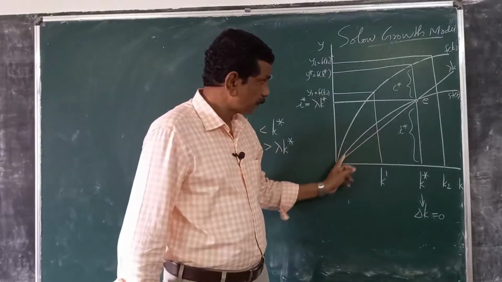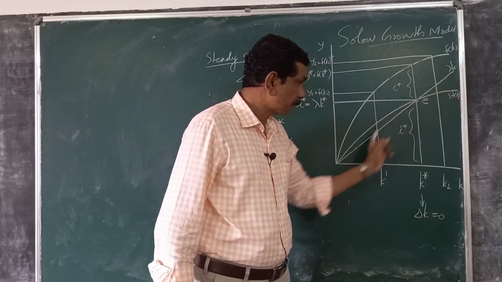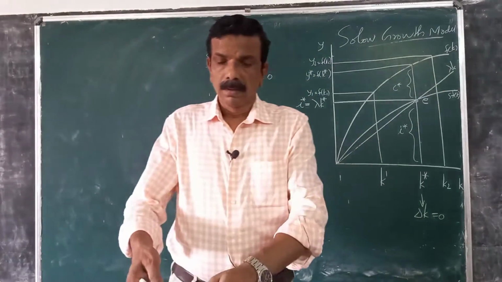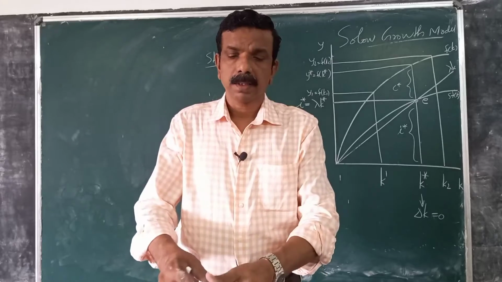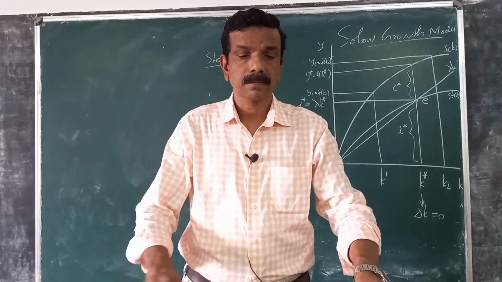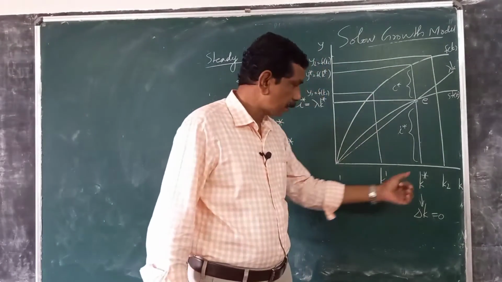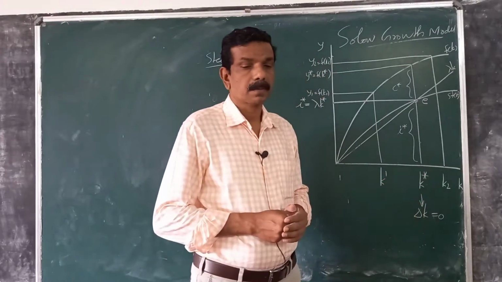As you can see, investment per head, or savings per head, is greater than depreciation. So what happens? K by L increases. It goes on increasing until K star is reached.